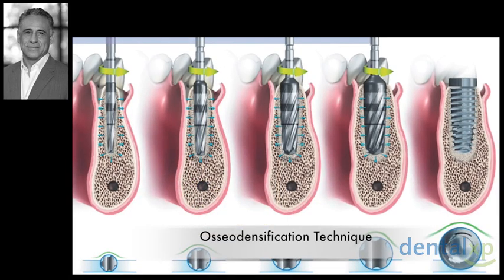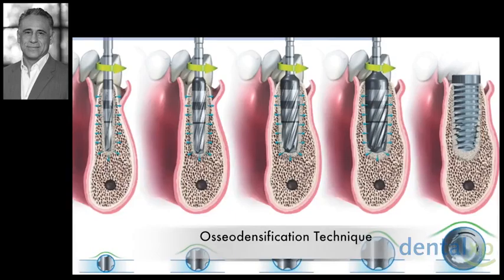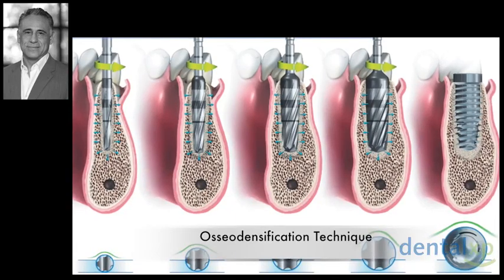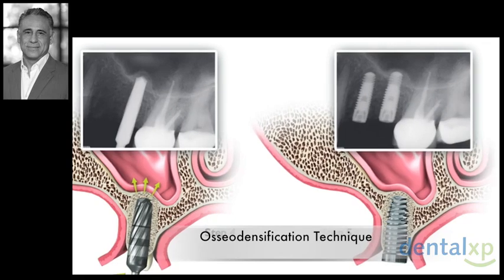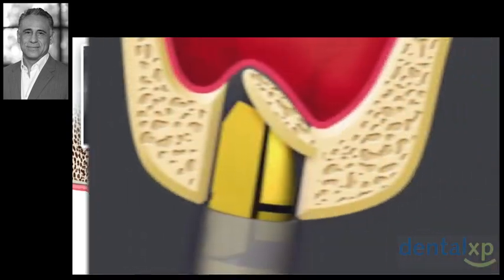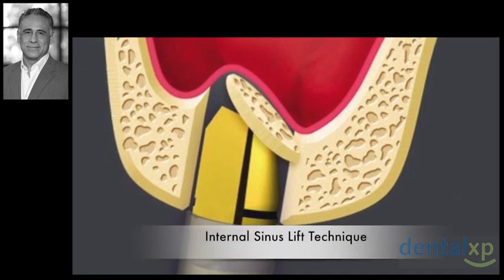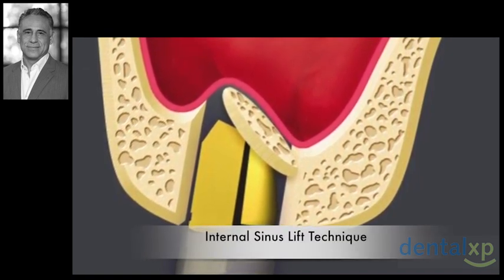It increases bone density at the osteotomy site, expands the alveolar ridge where it may be thin, and it can also be used to increase the height of bone in the posterior maxilla by its sinus lift application. We'll also demonstrate the internal sinus lift technique using a series of sinus osteotomes.